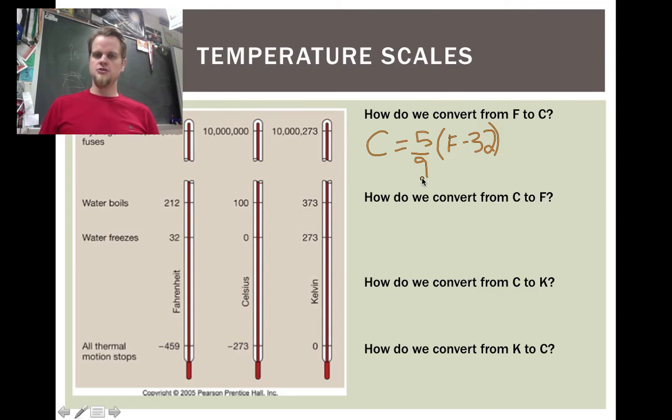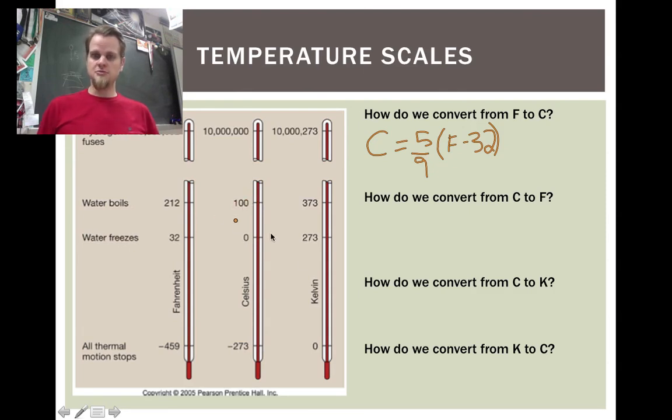So to convert from Fahrenheit to Celsius, you just take whatever the Fahrenheit is, let's say it's 32, and you subtract 32. 32 minus 32 is 0, and multiply that by 5/9, that's still a 0, so it works. Same thing here. If 212 is Fahrenheit, 212 minus 32 is 180, and 5/9 of 180 is 100, so that works out as well.